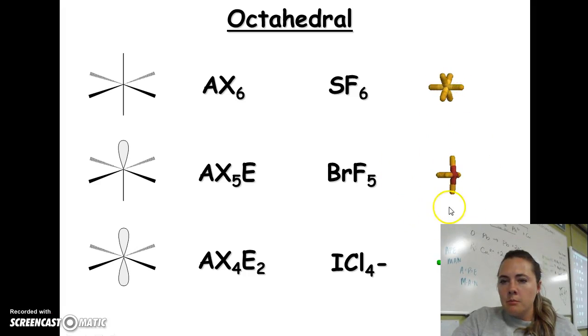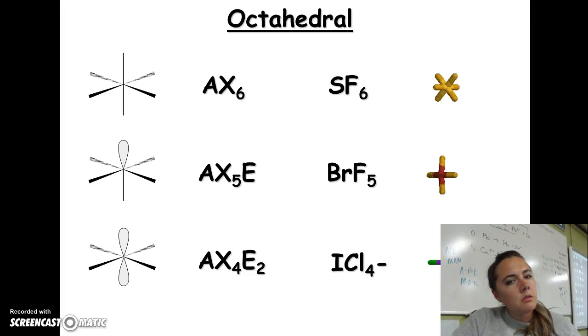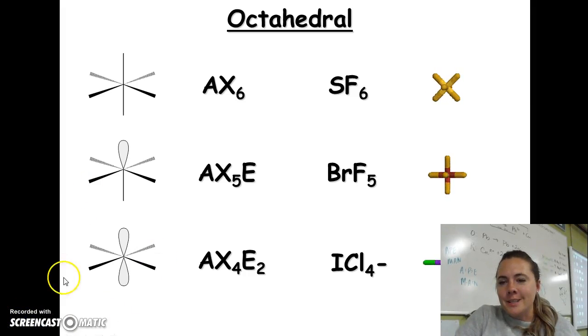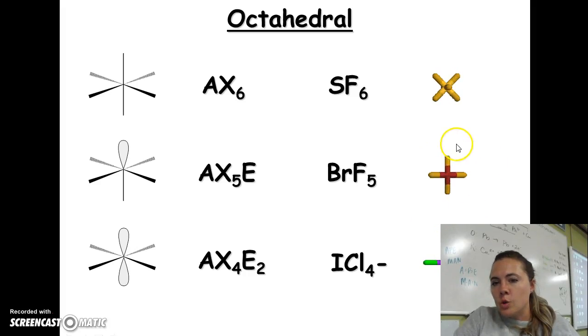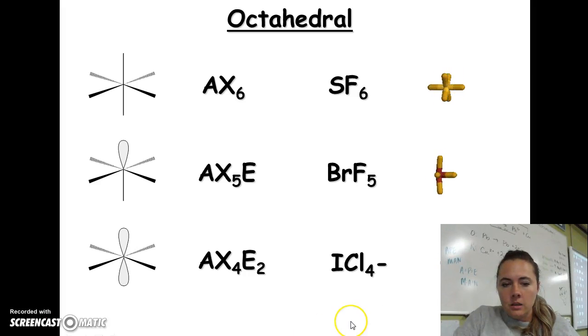Couldn't tell you the name right now for this. Hang on, let me go look it up. It's called square pyramidal. I knew that. This one right here is called square pyramidal, and this one right here is called square planar because it's falling in a plane. Okay, and that's it.